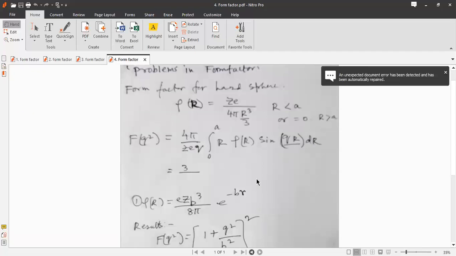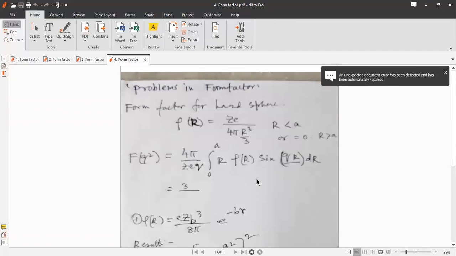So you can have an idea that the form factor is a very important property for a particle, or in our case, which we are discussing in the context of the nucleus, which has some charge distribution. You can apply this form factor elsewhere too.